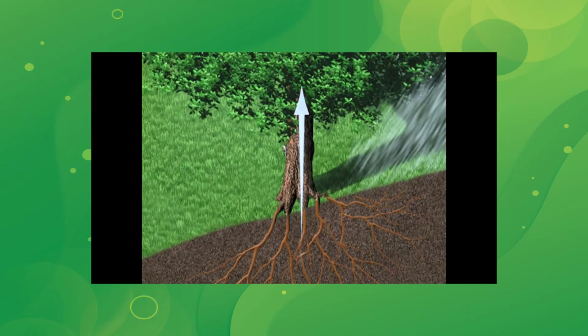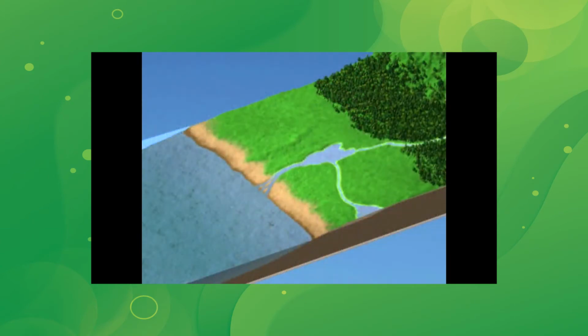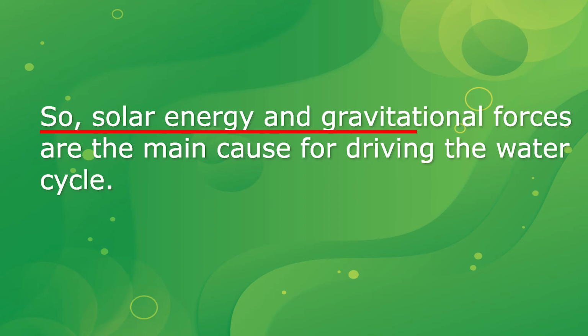Water is a source for photosynthesis in plants, and plants absorb nutrients in aqueous form from the soil. So, solar energy and gravitational forces are the main cause for driving the water cycle. And do you know, more than 80% of the incident solar radiation is used to evaporate water.